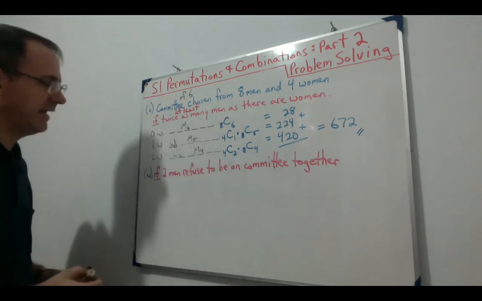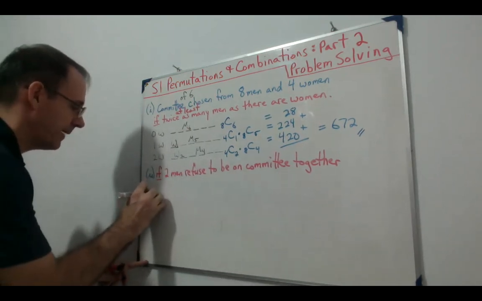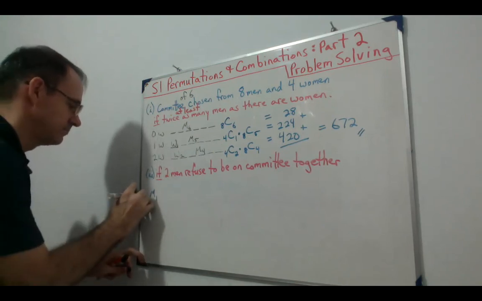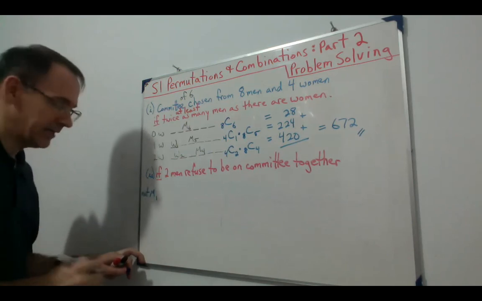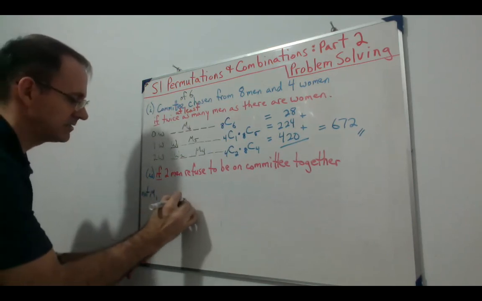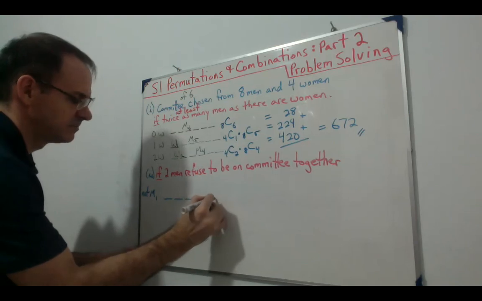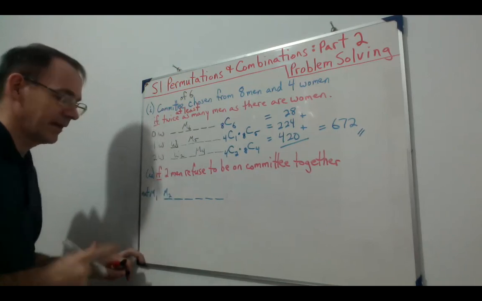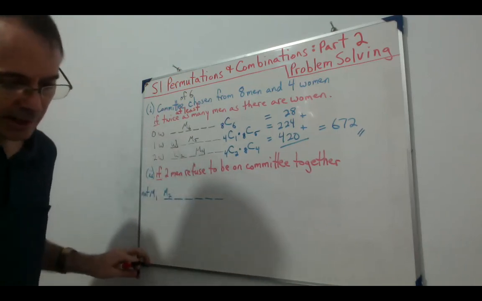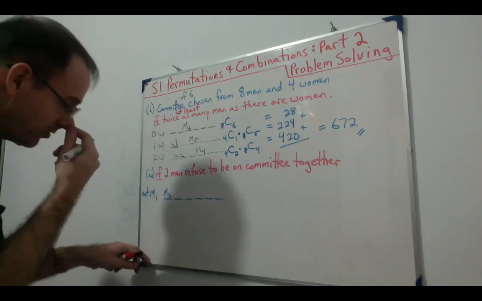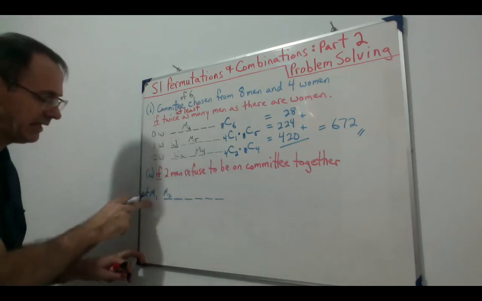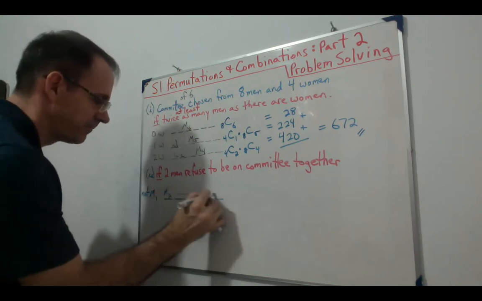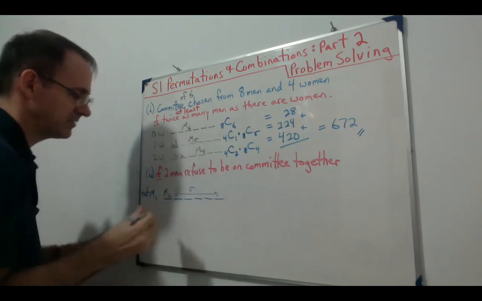So our first case is if man 1, the first man, is not on the committee. So out of our 6, man 2 is going to be on the committee. So if man 2 is on the committee and man 1 is not, that leaves us with 5 spots left.